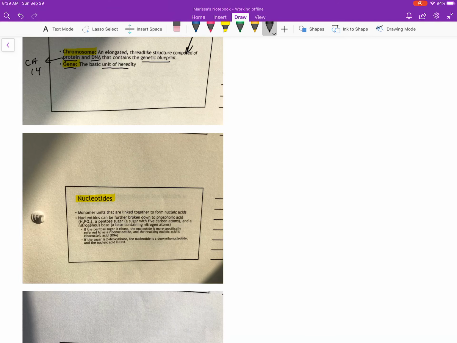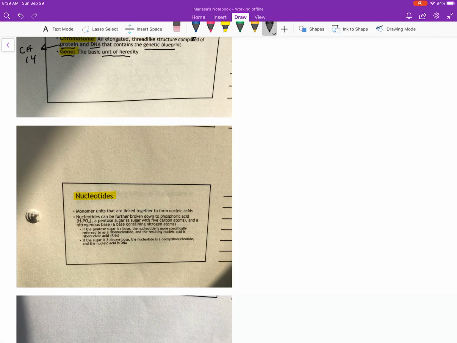Okay, so what are nucleotides? Nucleotides are monomer units, so one unit, that are linked together to form nucleic acids. So when we take nucleotide plus nucleotide, we start to build nucleic acids.